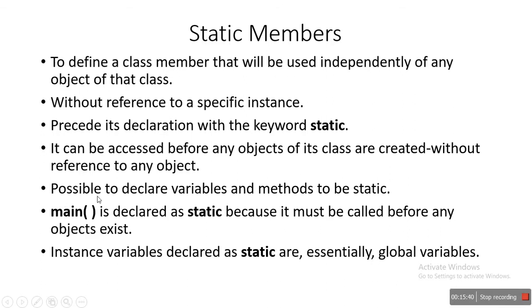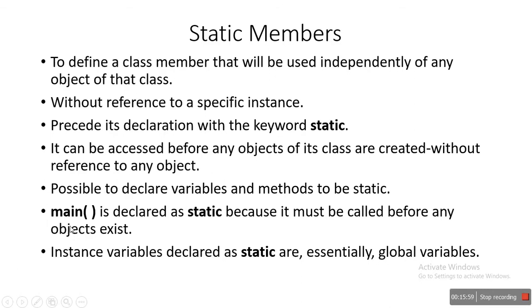Okay. Now, it is possible to declare variables and methods to be static. As I said, it is possible in Java to declare methods or variables as static members. Here, main is declared as static because it must be called before any object exists.